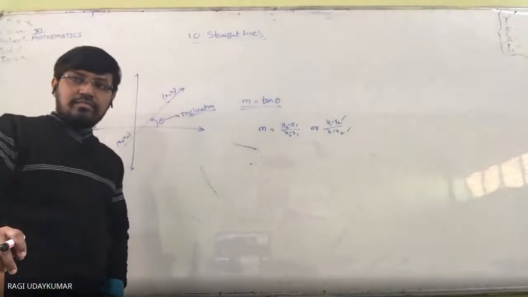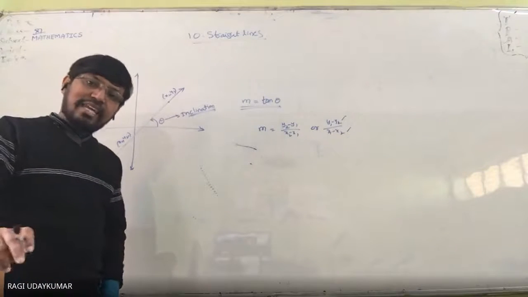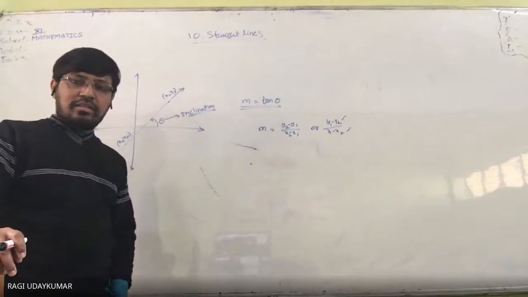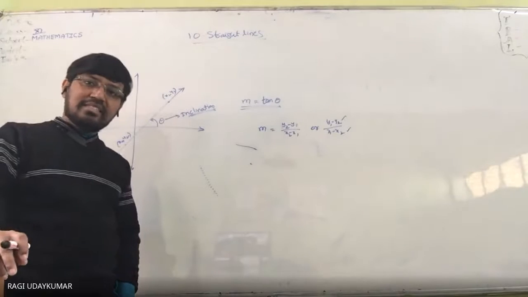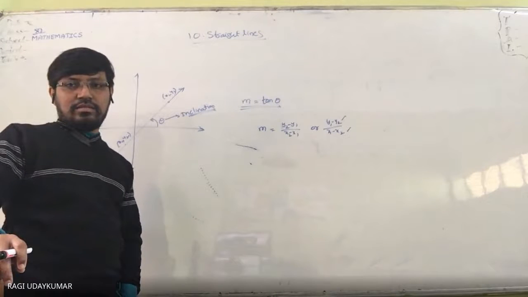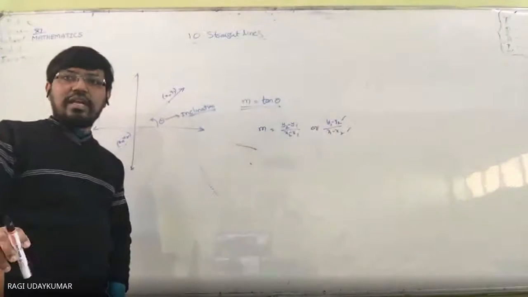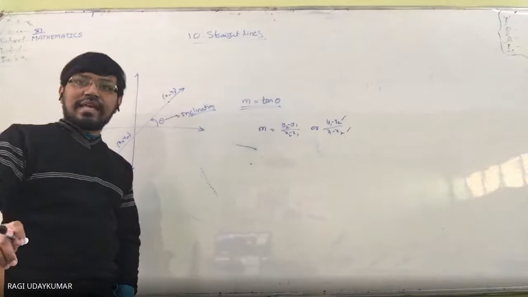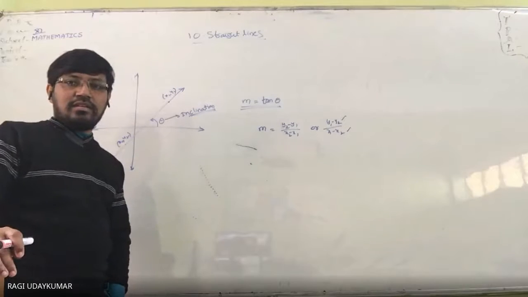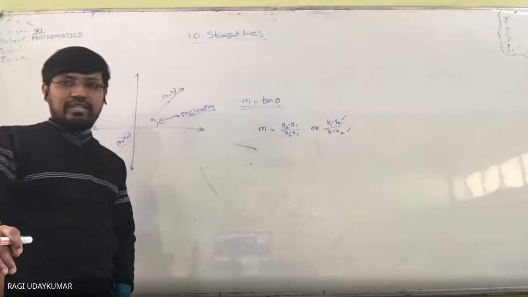The x-axis makes what angle with the x-axis? The angle made by the x-axis with the x-axis is 0 degrees.